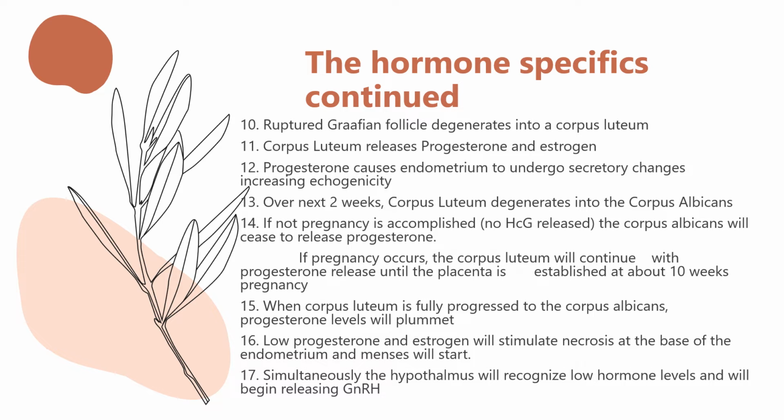Now, once ovulation has occurred, if we're looking still in the ovary, we'll find that that ruptured Graafian follicle is then going to degenerate into what we call a corpus luteum. The corpus luteum then is going to begin releasing progesterone with a little bit of estrogen. Meanwhile, our ova is being picked up in the fimbriae of the fallopian tubes and being moved very slowly toward the uterus by the cilia lining the tubes.